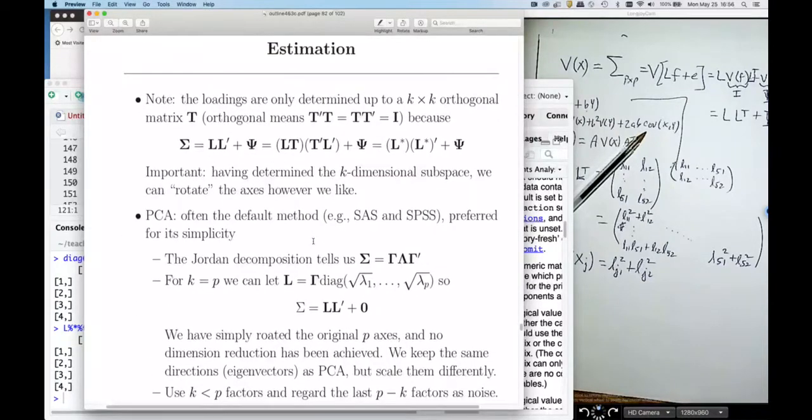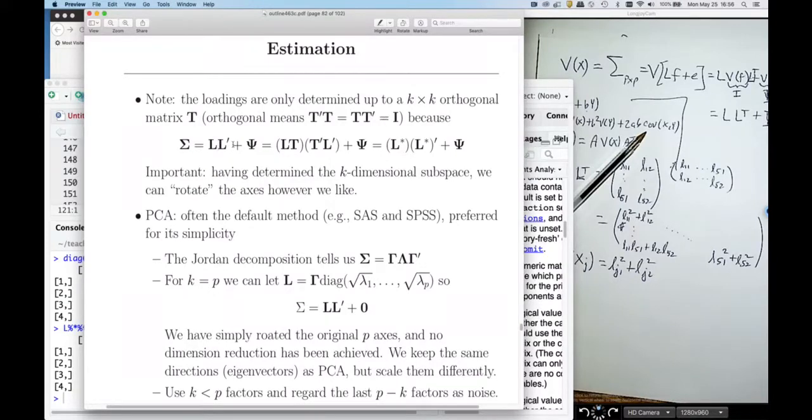All right, well, how do we estimate this common factor model? Well, I want to begin by pointing out there's a certain indeterminacy problem. This indeterminacy problem is that I can stick an orthogonal matrix in. An orthogonal matrix means that if T is this orthogonal matrix, T transpose times T is the identity. So I could easily stick a 1 in here.